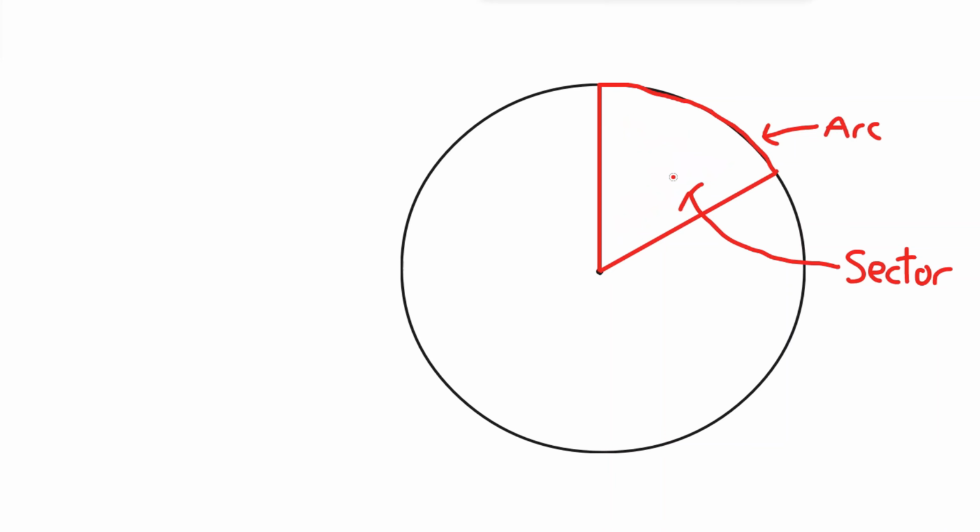So if the radius of this circle, which is this line, is also this line, because they both originate from the center here and they go to the circumference, that's the definition of the radius.